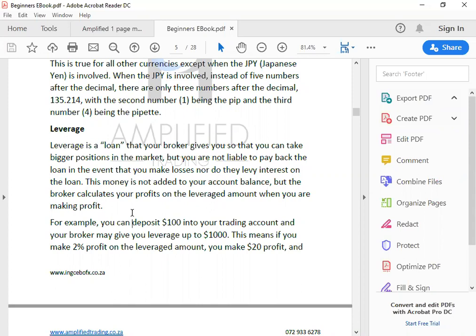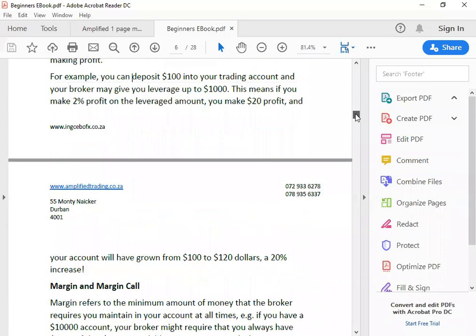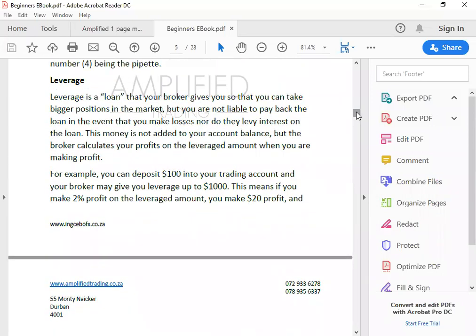To use an exact figure, let's say you're using a leverage of 1:100. Written in this way. I'm not sure if I have this as an example. Okay, let me just show this.